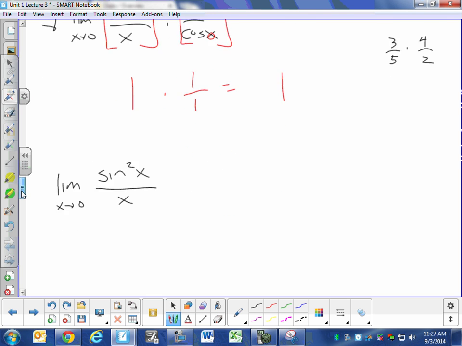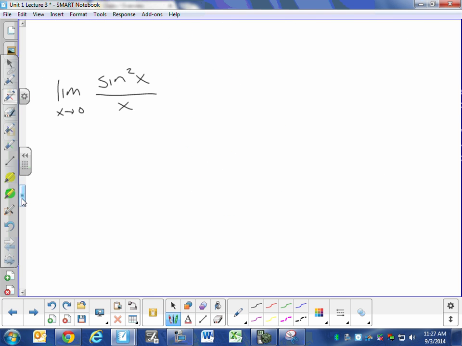Okay, let's do something like this. I'll do quickly for you just to show you if you have something like sine squared. It's important to know that sine squared x is the same as sine of x quantity squared. What I will do here is just rewrite sine twice.